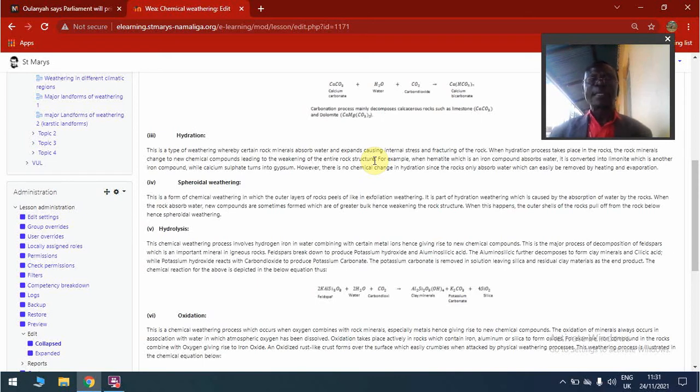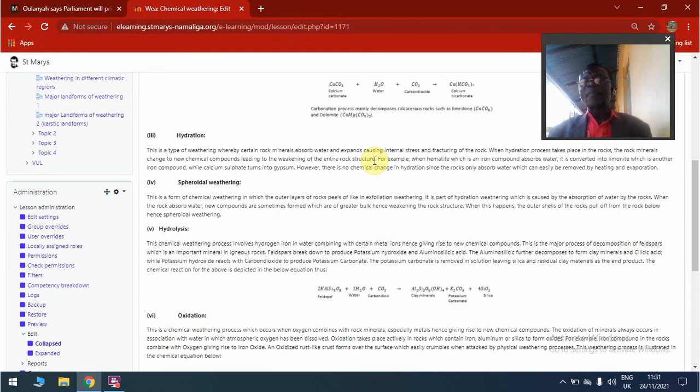Spheroidal weathering is almost similar to hydration in the sense that it occurs in rocks which can absorb water. Now, when rocks absorb water, the rock surfaces will swell or expand because of the intake of water.